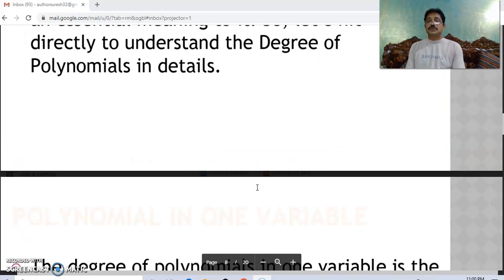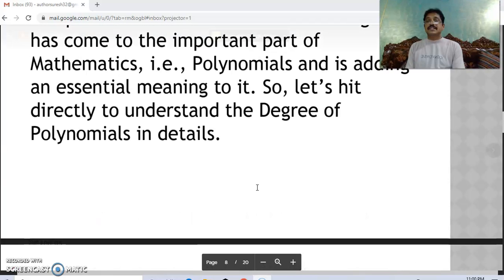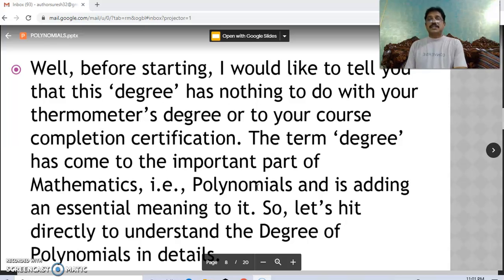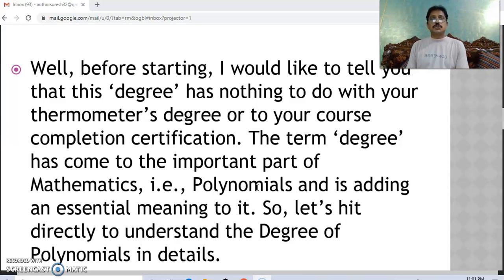Well, before going to discuss the degree, I would like to tell you that this degree has nothing to do with your thermometer's degree or your course completion certificate. When you're suffering with fever and you measure your body temperature using a thermometer, it may be 101.4 degrees Fahrenheit or 100 degrees Fahrenheit. That degree is different. Or the temperature of the room may be 34 degrees Celsius.